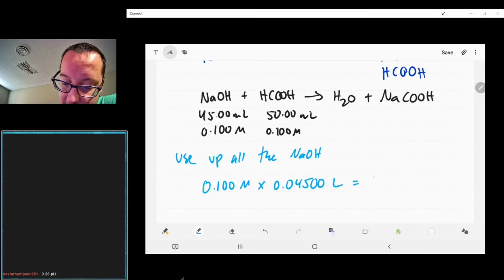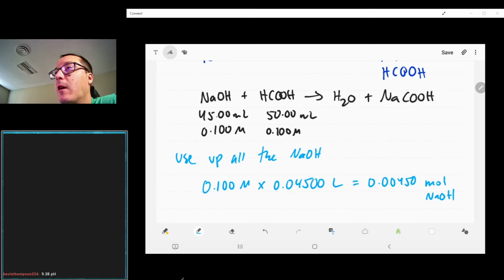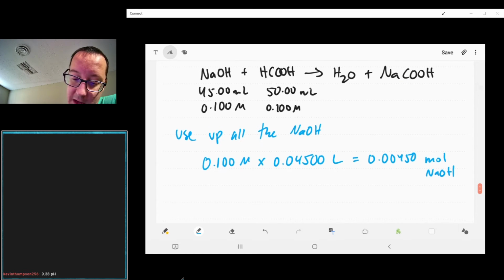I don't need a calculator to do this. It's only 3 sig figs now. All right, so that's how much NaOH we're going to be using in this reaction.